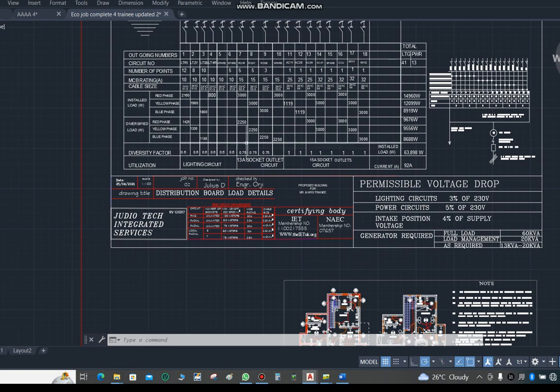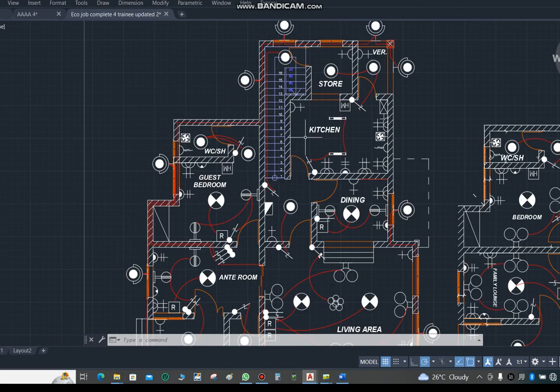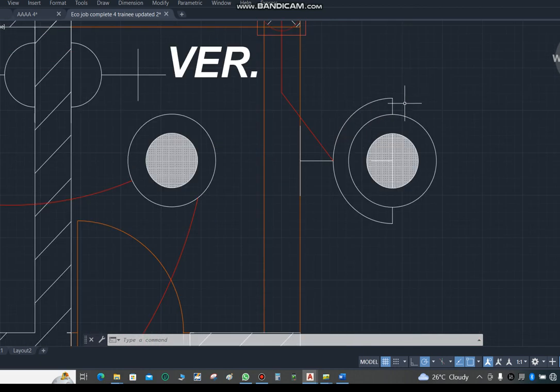Then the second stage is for you to identify your load demand. This is also your load demand, okay? Load demand will enable you to know the circuit and the load schedule. For instance, for your lighting circuit, you must count each point, and each must be assigned a particular wattage.